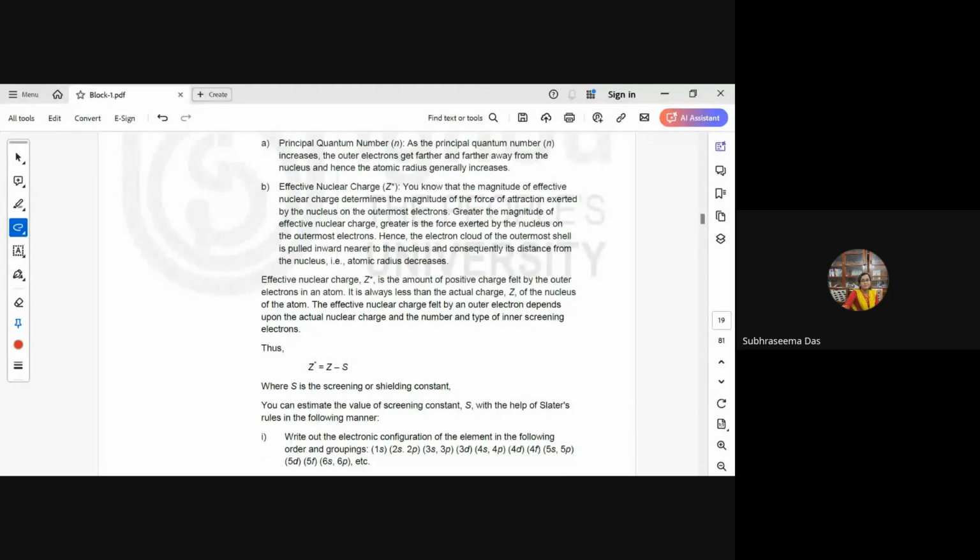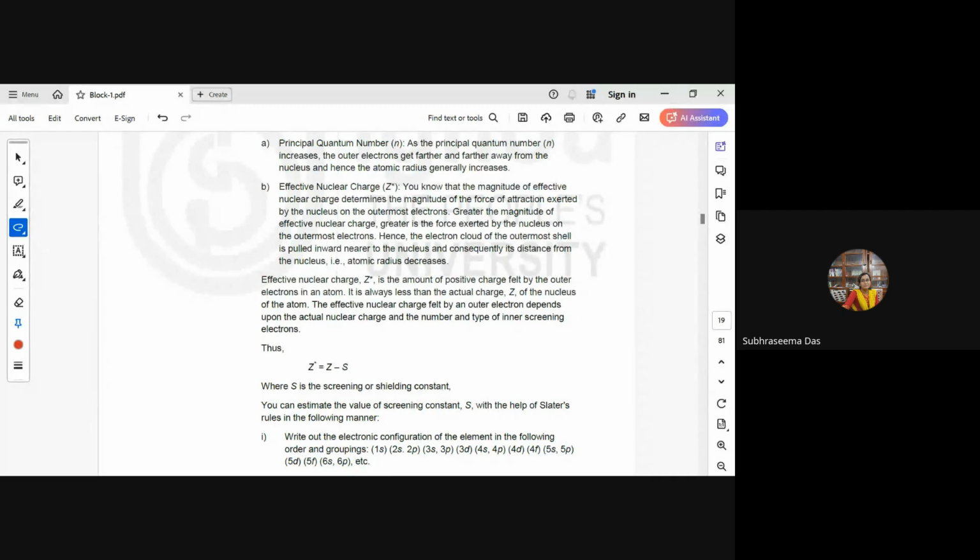In general, the effective nuclear charge or Z star is defined as the amount of positive charge that is felt by the outer electrons in an atom. It is always less than the actual charge, which we represent as Z, of the nucleus of the atom.